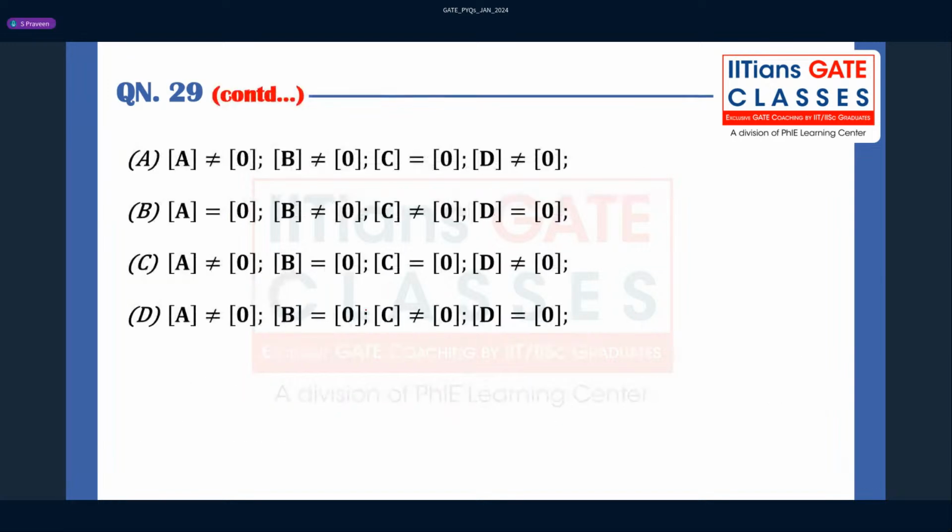We have four options. A not equal to 0, B not equal to 0, C equal to 0, D not equal to 0. A equal to 0, B not equal to 0, C not equal to 0, D equal to 0. A not equal to 0, B equal to 0, C equal to 0, D not equal to 0. And A not equal to 0, B equal to 0, C not equal to 0, D equal to 0. So let's write that matrix down.